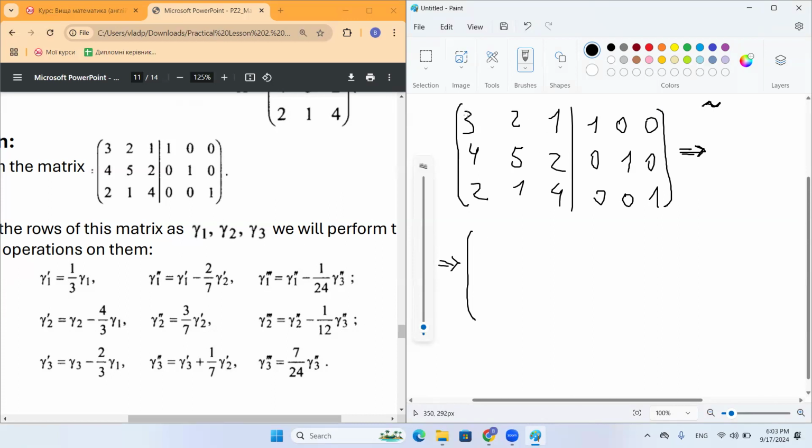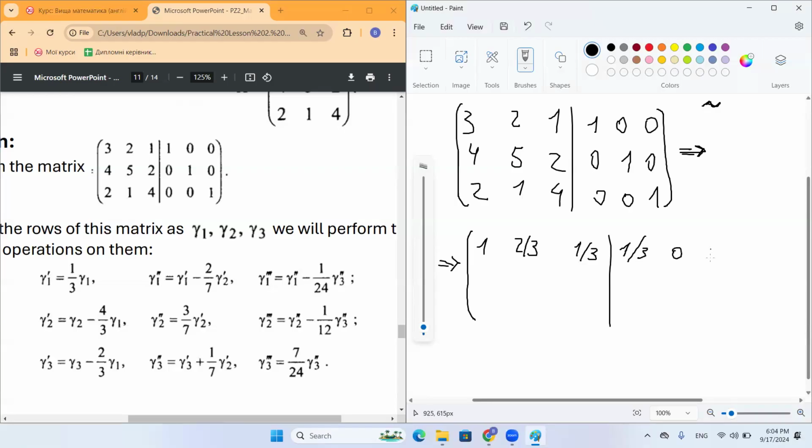So firstly, I divide the first row by 3, and I divide this matrix and this as well. So the whole row, of our matrix and the expanded one. So 2 by 3, 1 by 3, and here 1/3.